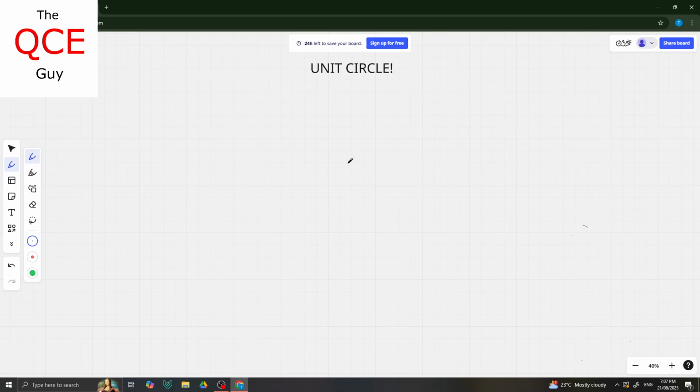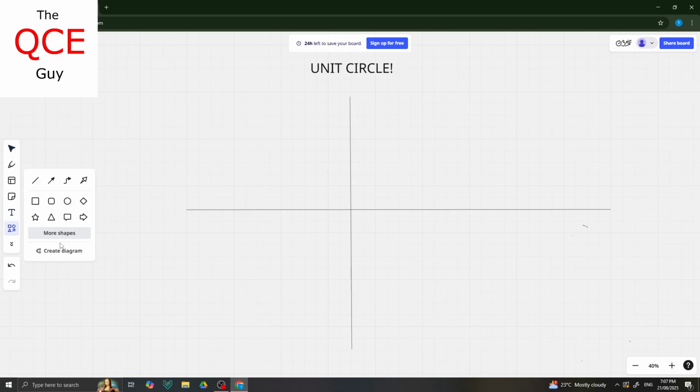So the best way to think of it is that we have a Cartesian plane. Let's just draw a rough little Cartesian plane. Not perfect, but it'll do the job. And now we're going to have a circle.